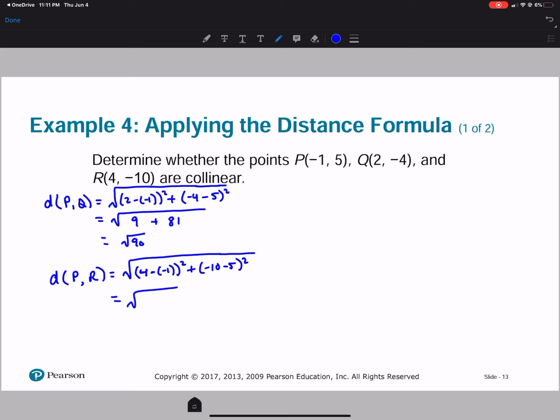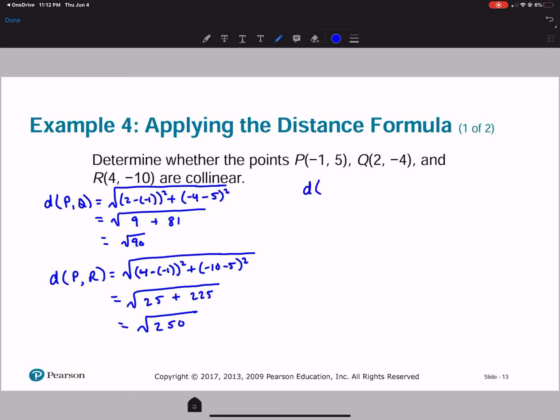And this equals the square root. Now we have 4 minus negative 1, which gives me 5. So 5 squared is 25. Then we have plus 15 squared is 225. So this is equal to the square root of 250. All right, and we'll simplify that momentarily.